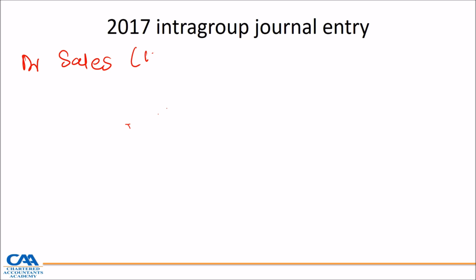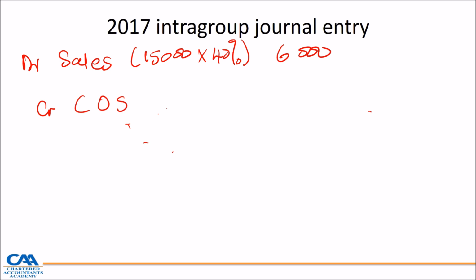So the sales that I'm supposed to reverse are only 15,000, but to the extent of my 40% investment. So 0.4 multiplied by 15,000, we are supposed to remove sales only to the extent of 6,000. Then we know that these sales have got a cost. So we also need to eliminate the cost of sales to the extent of 100 over 150 times 6,000, which gives us 4,000.